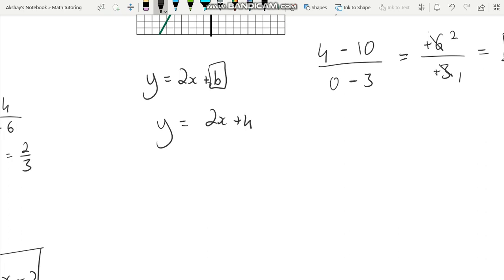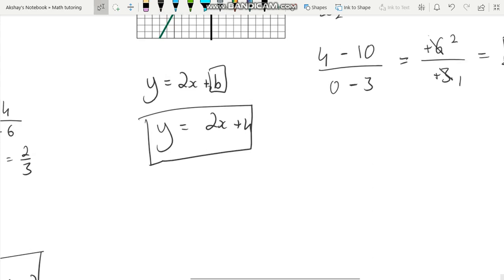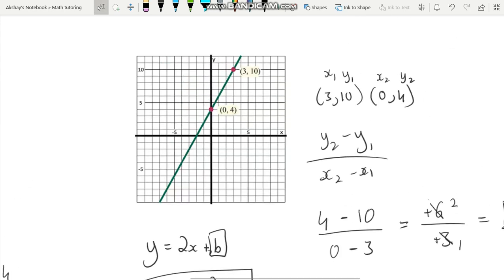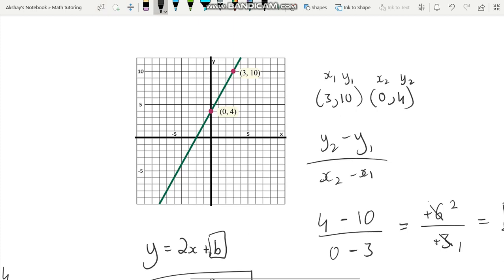Now, if we had to find our y-intercept here without being given it, we can take another point from our graph. Let's take this point right here. This looks to be (negative 2, 0).